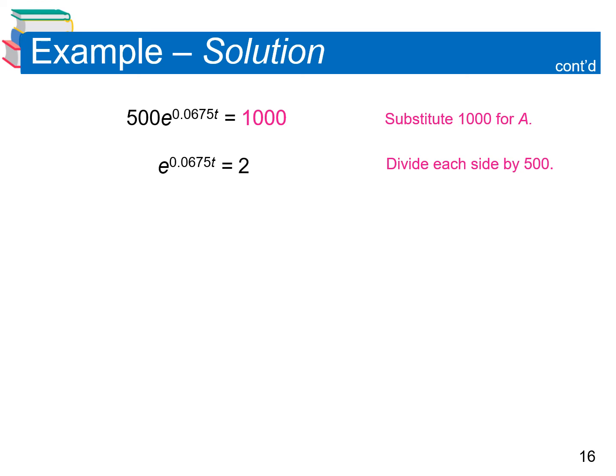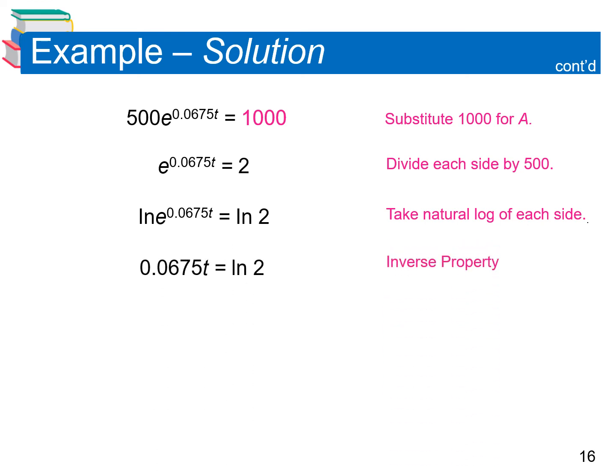So we will be getting e raised to 0.0675t equals 2. From here, we are going to take the natural logarithm of each side. So we have ln e raised to 0.0675t equals ln 2. And then we are going to use the inverse property and divide each side by 0.0675.